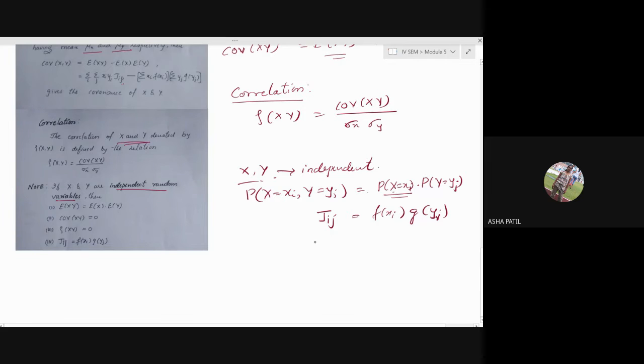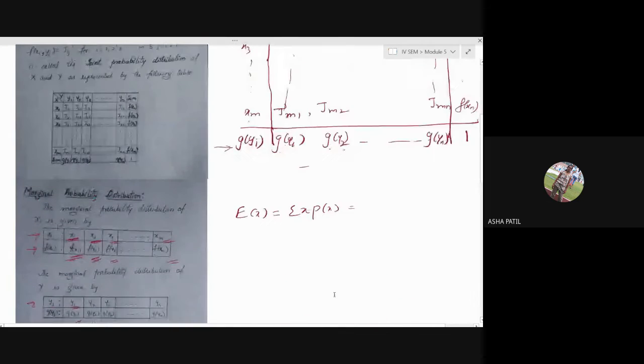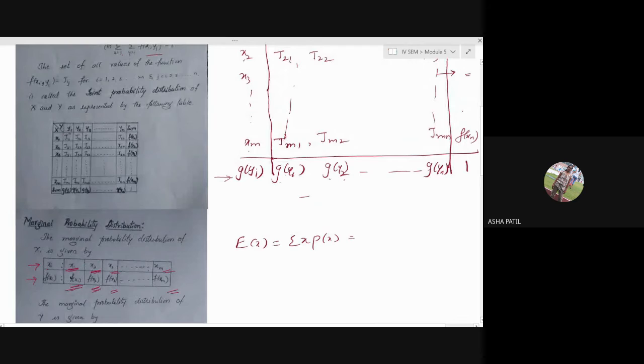So whenever you have x and y independent, we go to the table, this probability J11. What we have written there, mention it here. For independent random variables, Jij must be equal to f of xi into g of yj. Suppose I take J21. It has to be equal to f of x2 into g of y1.